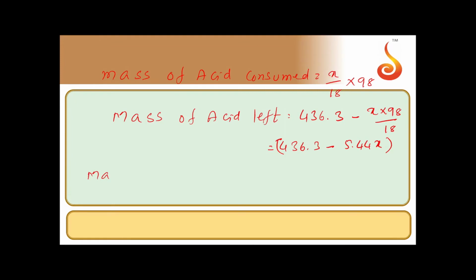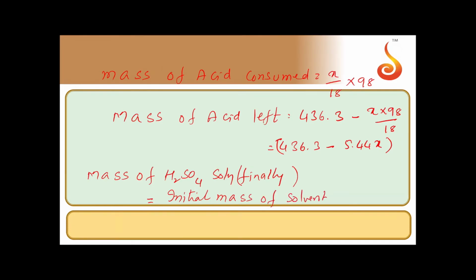The mass of H2SO4 solution finally will be equal to the initial mass of solvent, plus the mass of water formed, plus the mass of acid left.